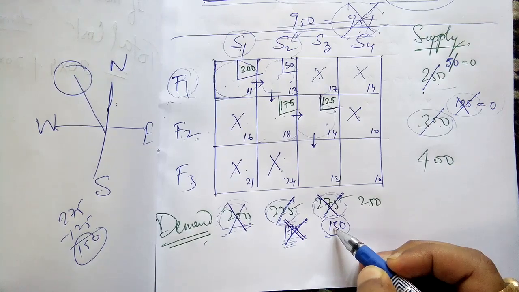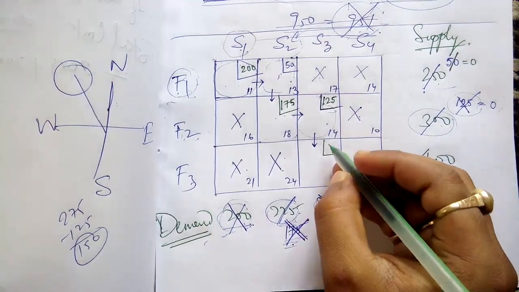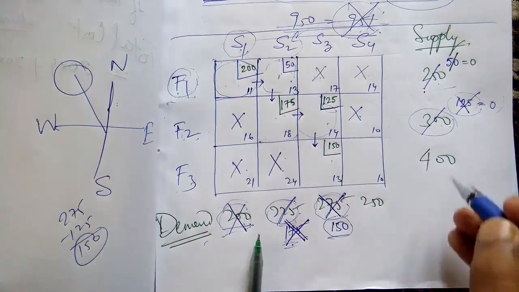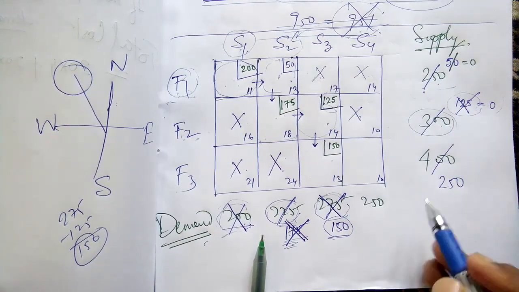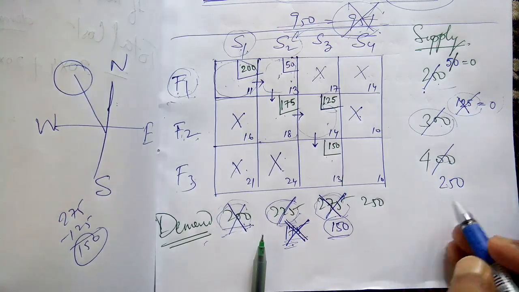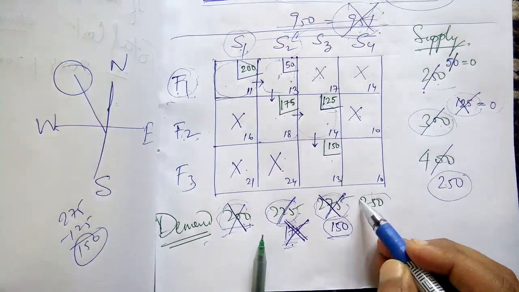Store number 3 requires 150 goods more. Who will give these 150 goods? Of course, no other option. Factory 3 is going to fulfill its demands. So how much goods are left with factory 3 now? 400 minus 150, very simple, 250. What is the demand of store number 4? 250.